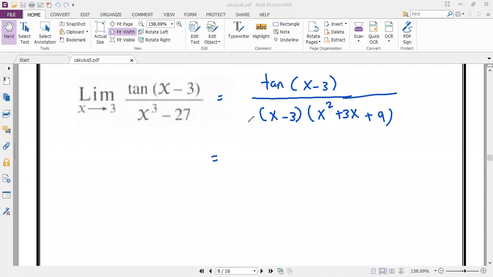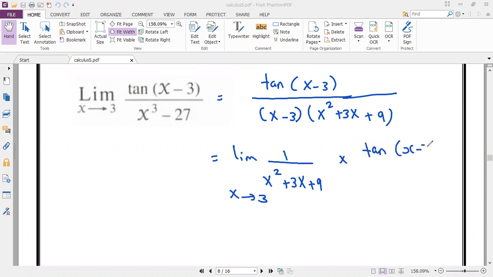We can write this fraction as two limits: the limit of 1 over x squared plus 3x plus 9 when x approaches 3, multiplied by the limit of tan of x minus 3 all divided by x minus 3 when x approaches 3.